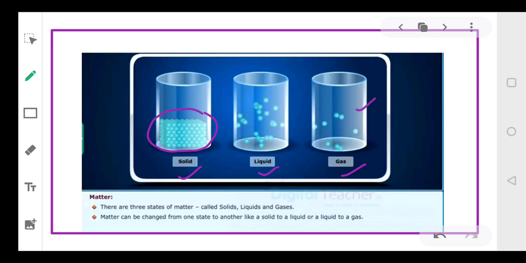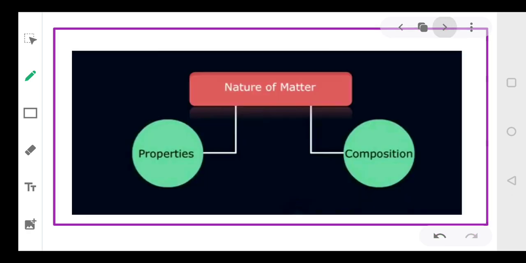So you can easily look at the arrangement of particles in solid, liquid and gas. Solid can be changed into liquid, and liquid can also be changed into gas. So these states are interconvertible into one another.